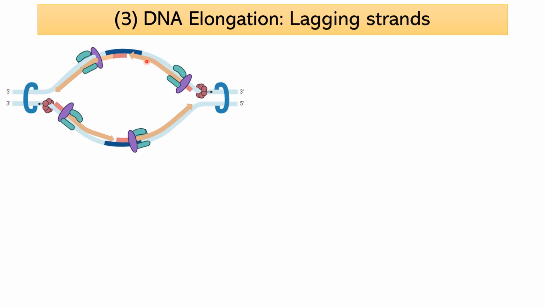This synthesis will be continuous until it reaches the primer of the previous DNA strand. The same thing happens here. When we have a naked DNA strand, the primase will bind and make a new primer, then DNA polymerase will identify this primer and start synthesizing the new DNA strand until it reaches the primer of the previous DNA strand.